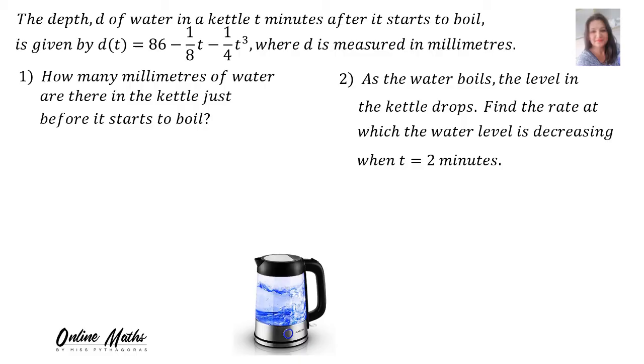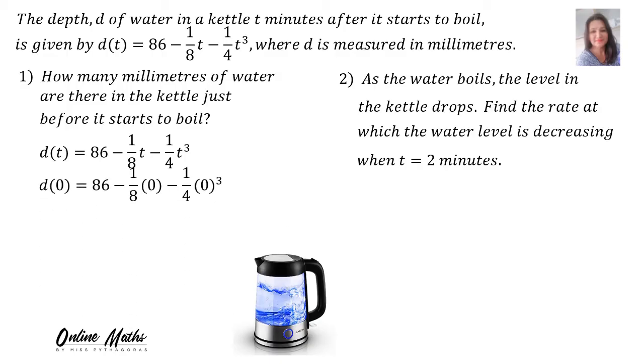There's your equation, and just before it starts to boil means time is 0. So it's not the derivative since there was no movement. It was just still the depth. So in t's place you substitute 0, therefore 86 millimeters.